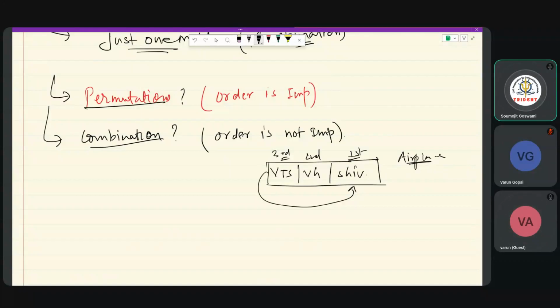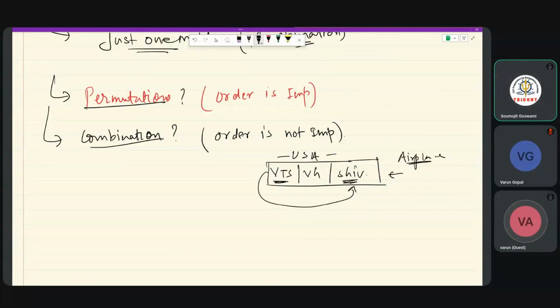Understand here, this is what order means: one after the other or one before the other. So the moment VTS is in the third group, he says, no, I want to be in the first category. But if I say, guys, all of you are my students, I'm taking all of you to USA, does the order matter over here? Because there are three places, any one of you can fill the place and go to USA.